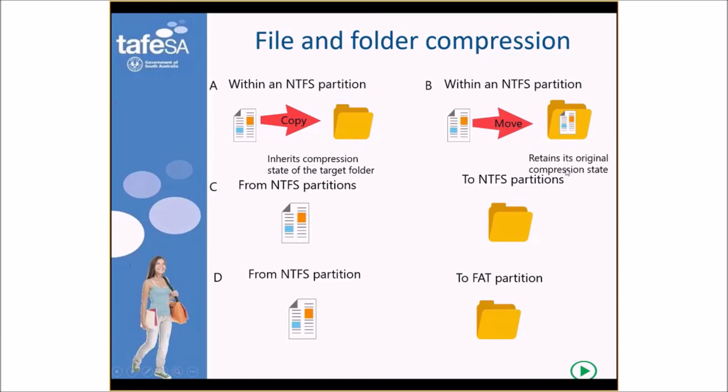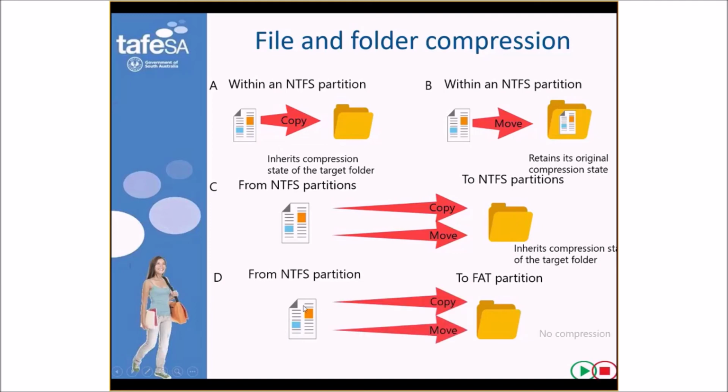If we move, it retains the original compression state. If we copy to a new location, it inherits the compression state of the destination. And if we go from NTFS to FAT, there's no compression because there's no such thing as compression on FAT file systems.